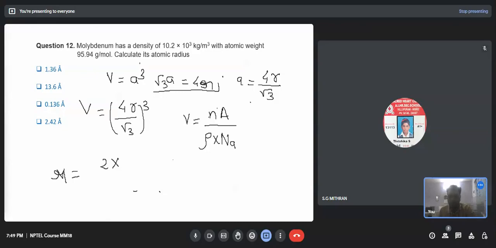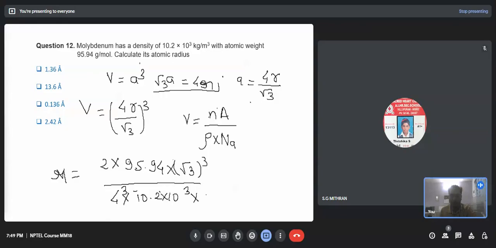R is equal to 2 into A, where the A value is 95.94, then into 3 to the power 3 divided by 4 to the power 3 into the rho value 10.2 into 10 to the power 3, and Avogadro number 6.023 into 10 to the power 23.